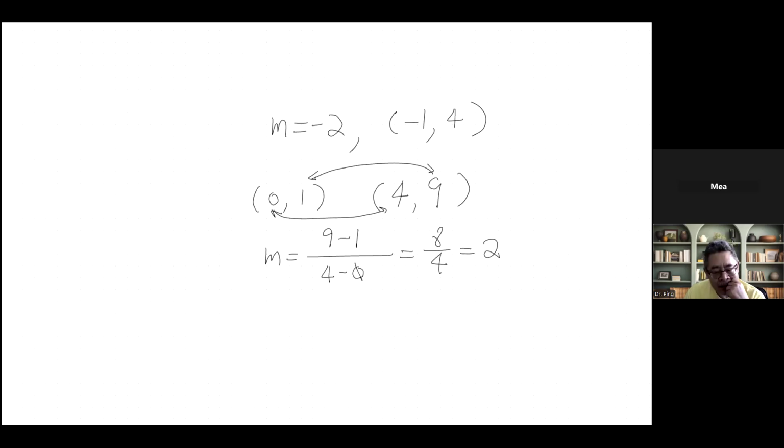Okay, you're right. So now you've found the slope. So now you just need to write the equation.